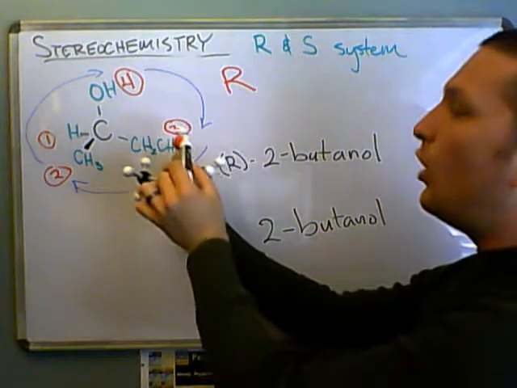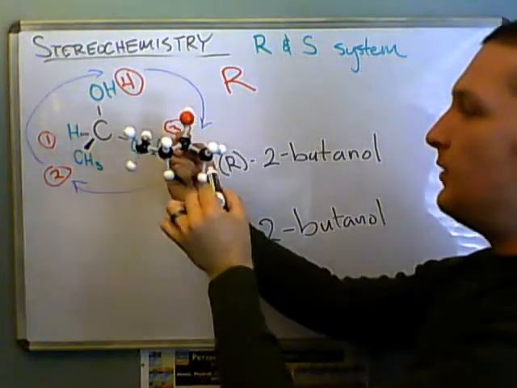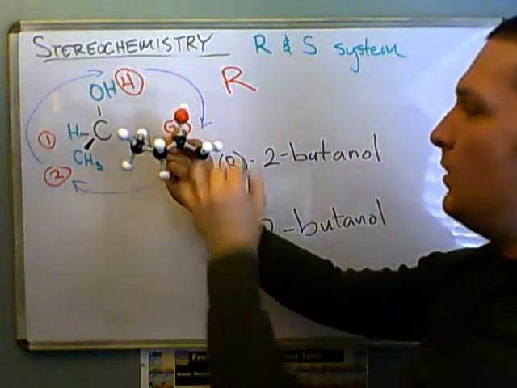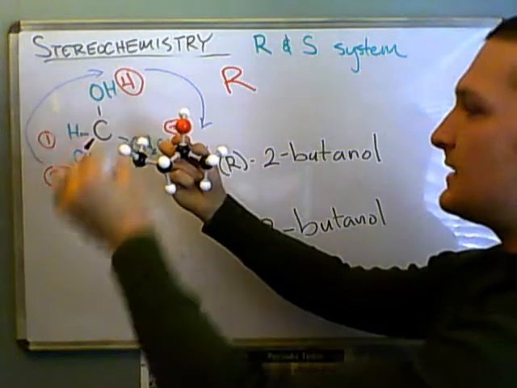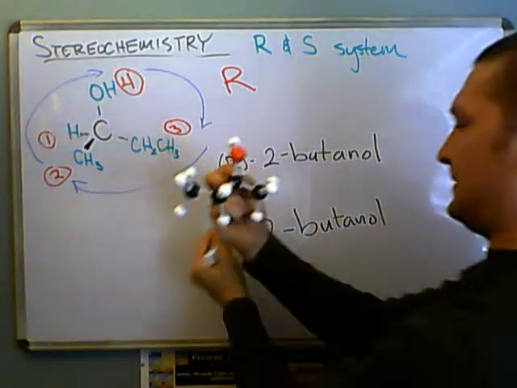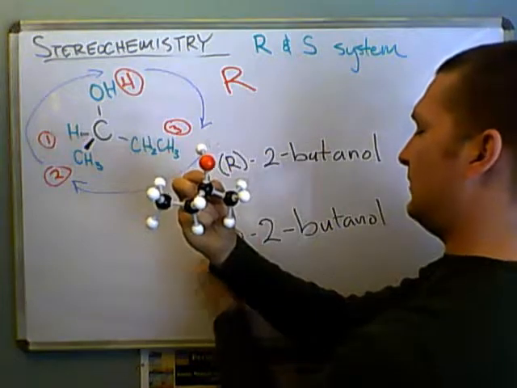And again, the OH is the heaviest, and then it's the ethyl, then it's the methyl. And so now this is going in a counterclockwise direction. And since it's counterclockwise, it gets S. We say S for sinister, or left-handed.